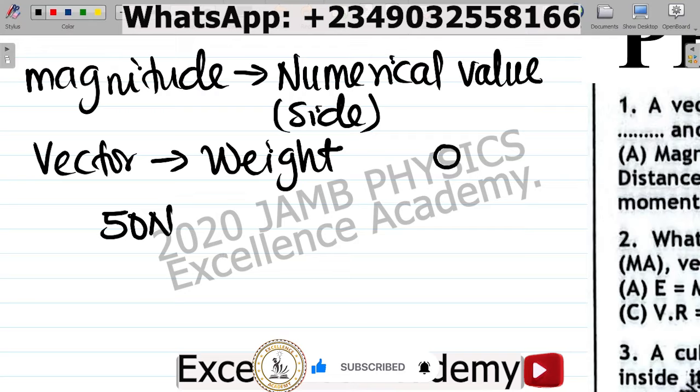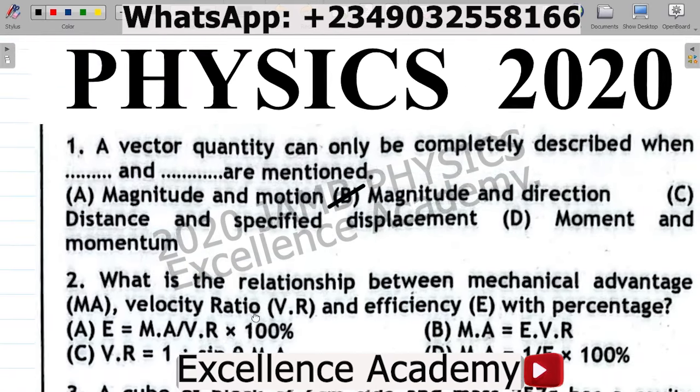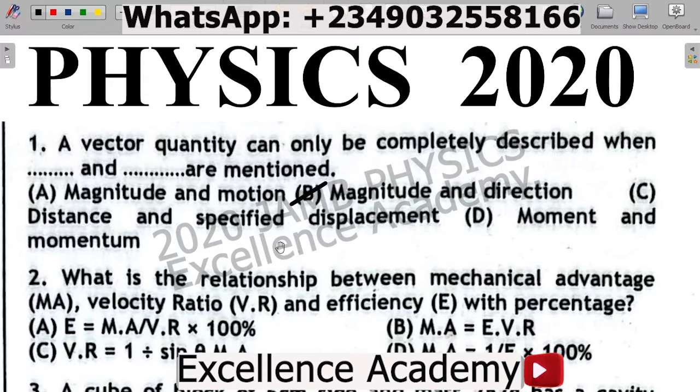If you have a man standing here, his weight will act downwards. In essence, his magnitude is 50 Newton, and the direction of the weight is downwards. So a vector must have both magnitude and direction. So that's why B is the correct answer.